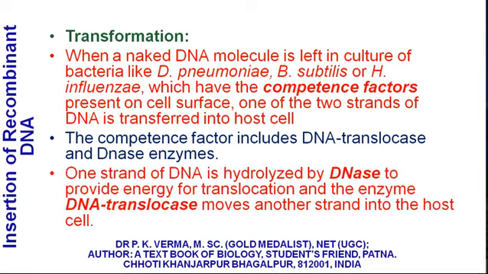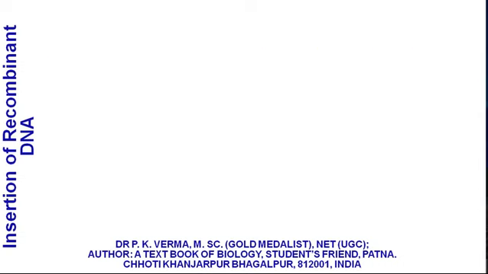One strand of DNA is hydrolyzed by DNase to provide energy for translocation, and the enzyme DNA translocase moves the other strand into the host cell. So out of the two strands in the normal double-stranded DNA, any one is hydrolyzed and the other is transferred into the host cell. Later on, its complementary strand will be made in the host cell itself.